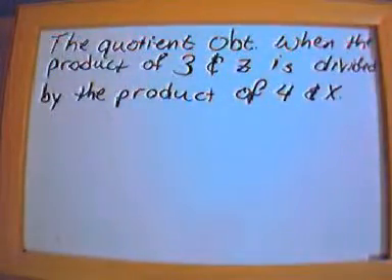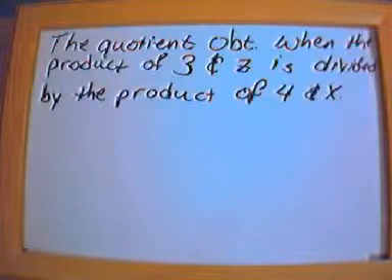Okay, so let's read that. The quotient obtained when the product of 3 and z is divided by the product of 4 and x.